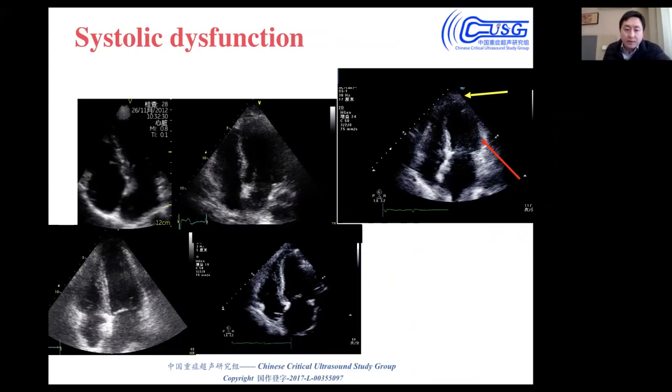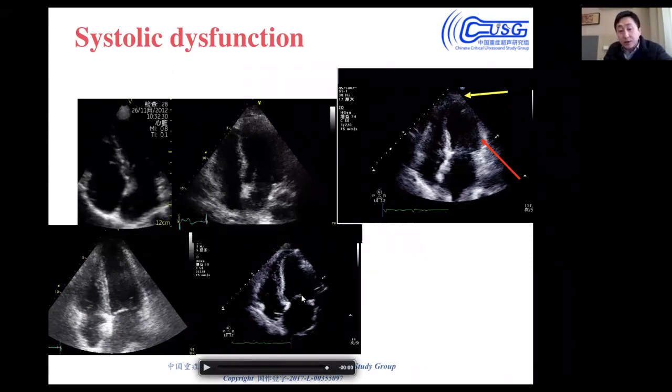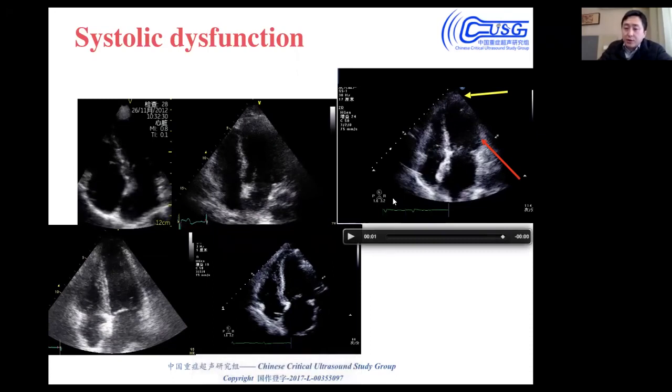With the help of the echo, we can easily find if the patient got systolic dysfunction, and we can distinguish the types of the dysfunction. This video shows you a diffuse depression of the left ventricle, and this video shows you a regional hypokinesis of the left ventricle.